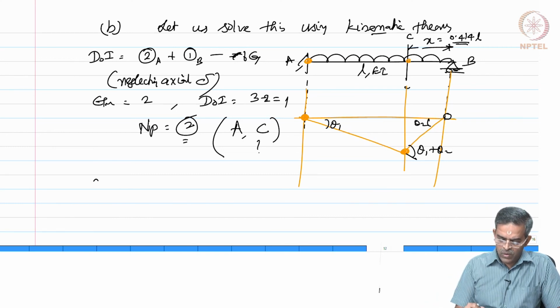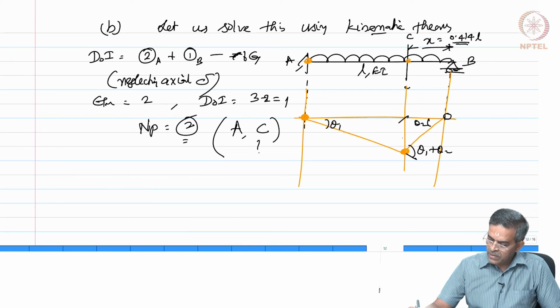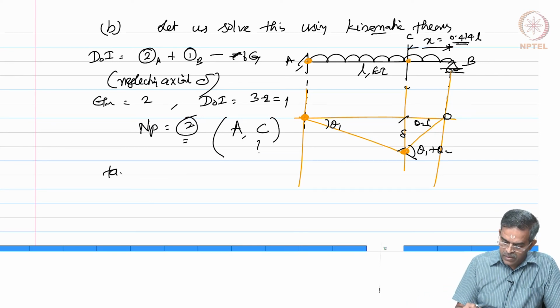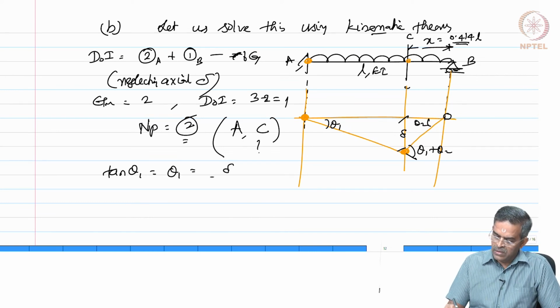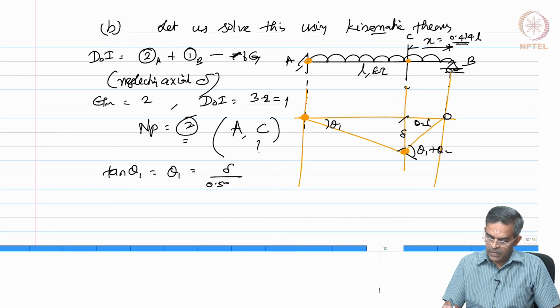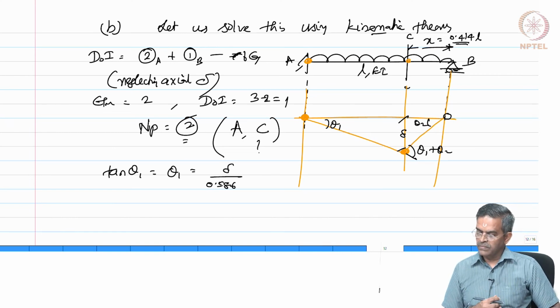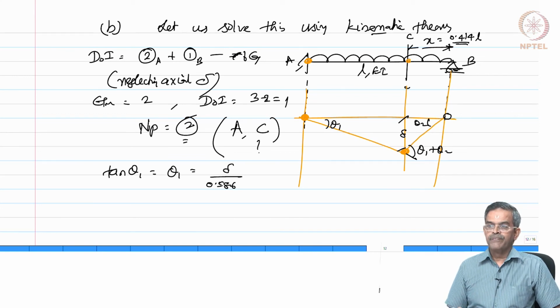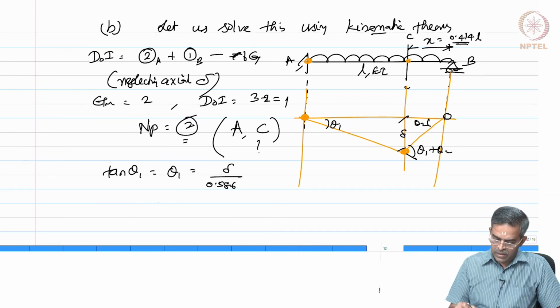So, from the figure we know theta 1 is del by 0.586 L, this is del. So, tan theta 1, which is theta 1 for small deformation, is del by 0.586 L. Then theta 2 is del by 0.414 L.